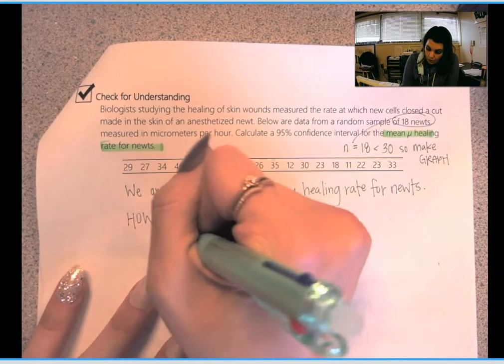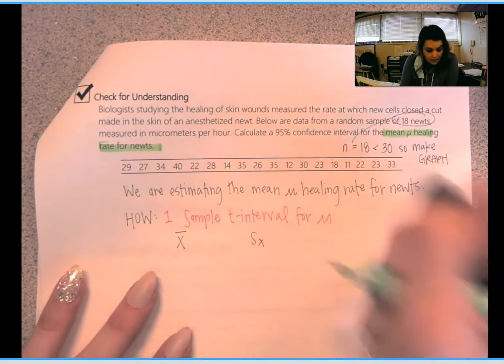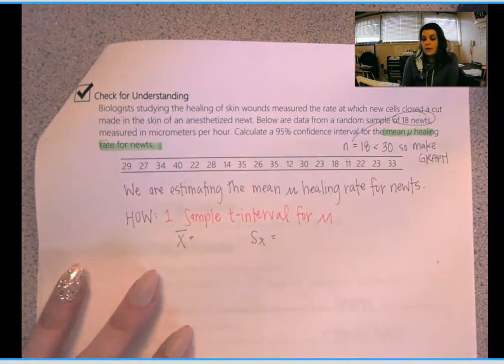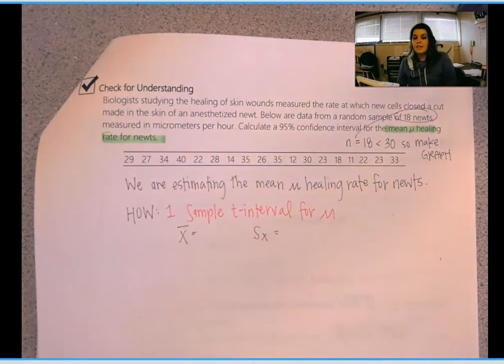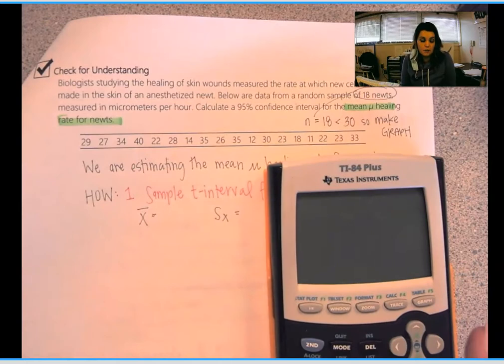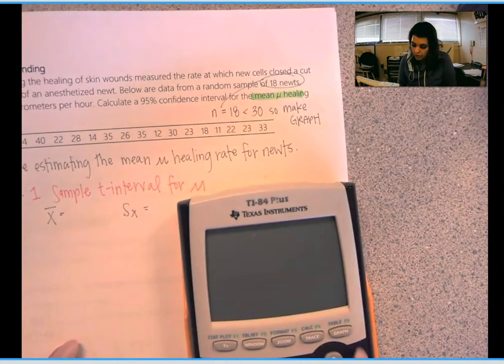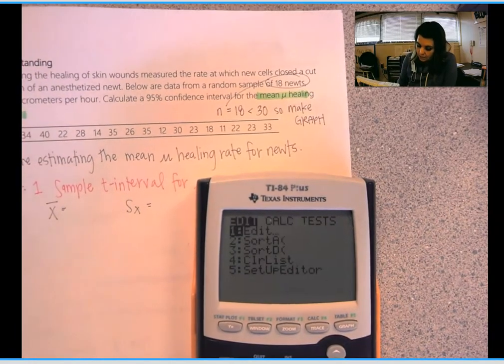At this point, I am going to gather the statistics that I need, and I'm going to make my graph. As soon as I say what method I'm using, I'm going to run my one variable stats and then make my graph. I'm going to double check what list my data's in.